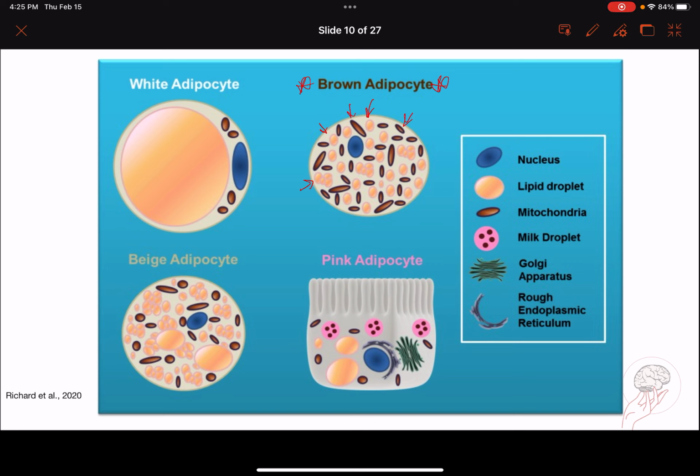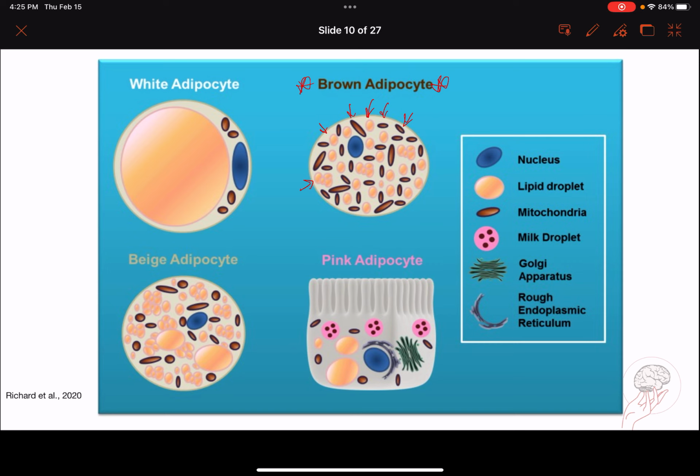The mitochondria is actually what's giving the brown adipocyte its color. And if we think about muscle cells, think about the difference between type 1 and type 2 and type 3 fibers in muscle. They have different colors, and again, part of that color is due to how many mitochondria they have. Along with the more mitochondria, the more blood flow you need.